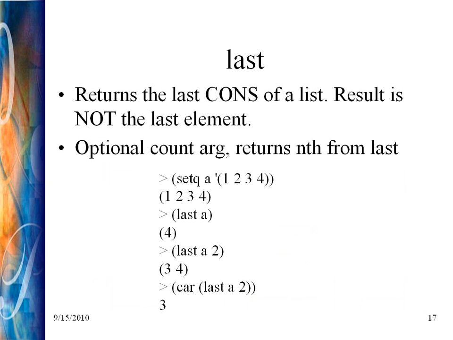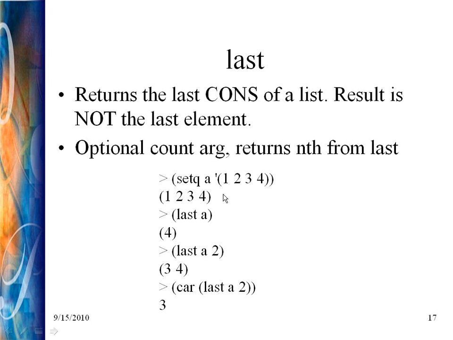The last function returns the last cons of a list, not the last element. It returns the list containing the last element. It also has an optional count argument, and in that case it returns more elements starting from the end. So we have the list 1, 2, 3, 4.